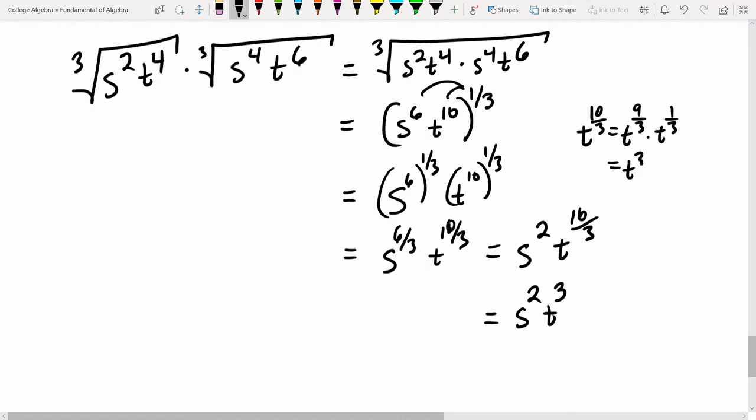That's going to be t cubed times t to the 1/3. It's the same mixed number method I showed previously. I think it's a little bit cleaner actually, because 9/3 plus 1/3 is 10/3. And t to the 1/3 power, well, that's just the cube root of t.